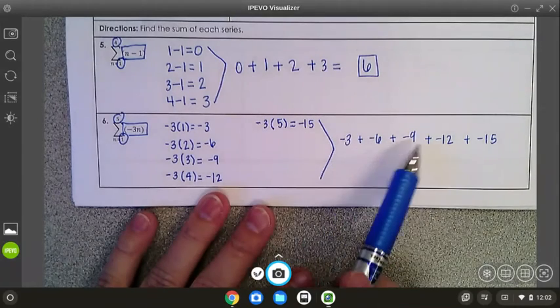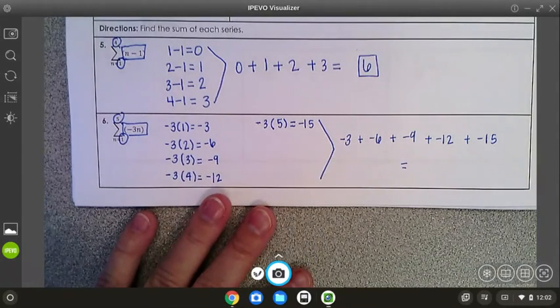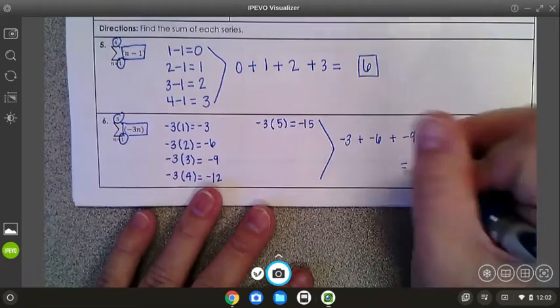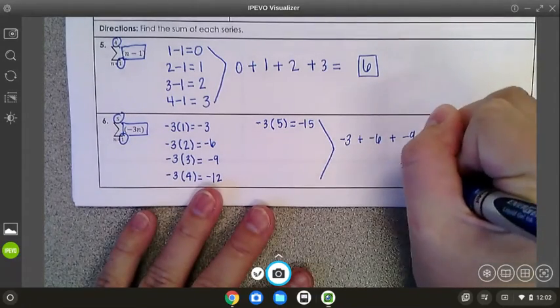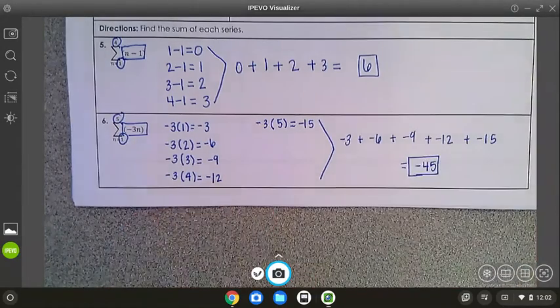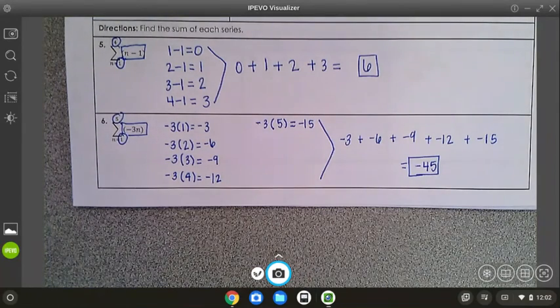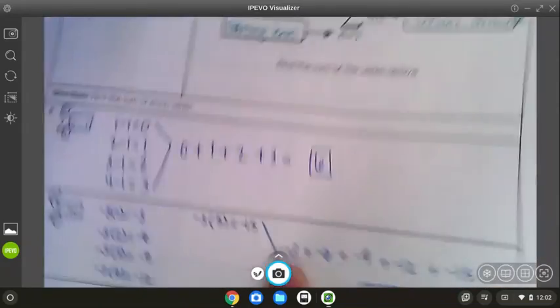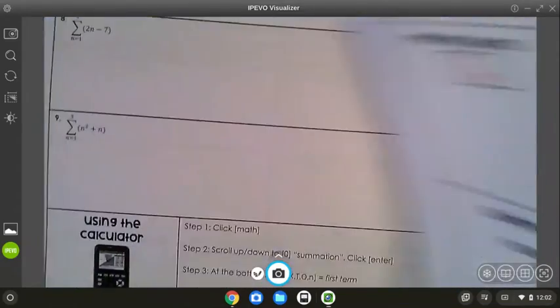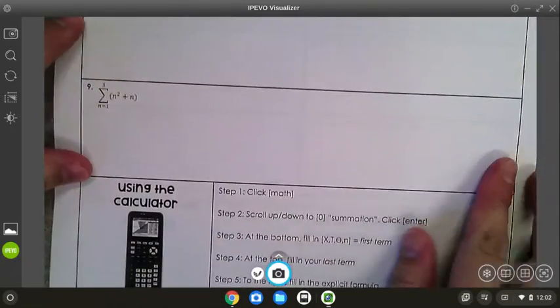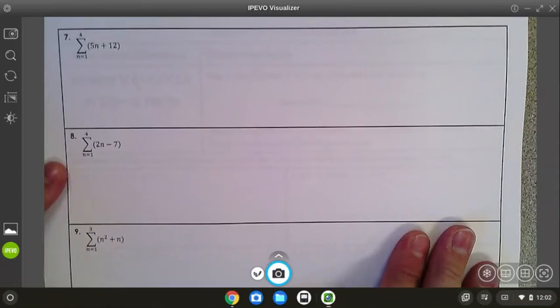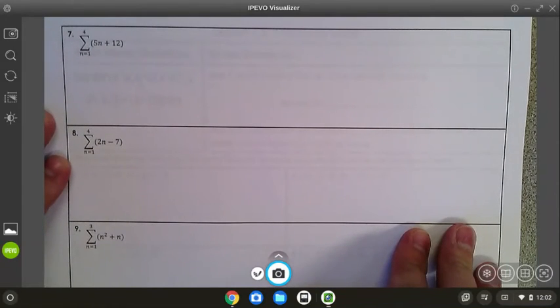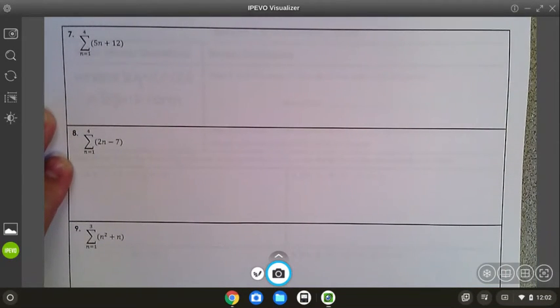If we type that in the calculator, you should get negative 45. All right, and now there's 3 examples. I want you to try these 3 problems. So pause the video and work on these 3.